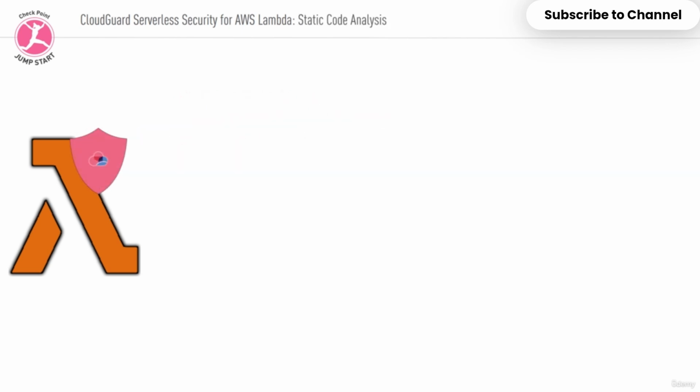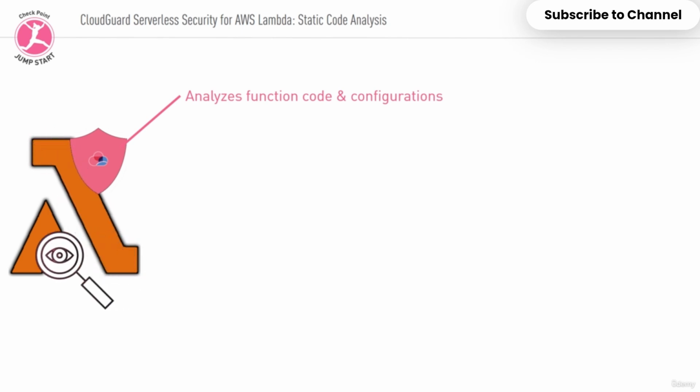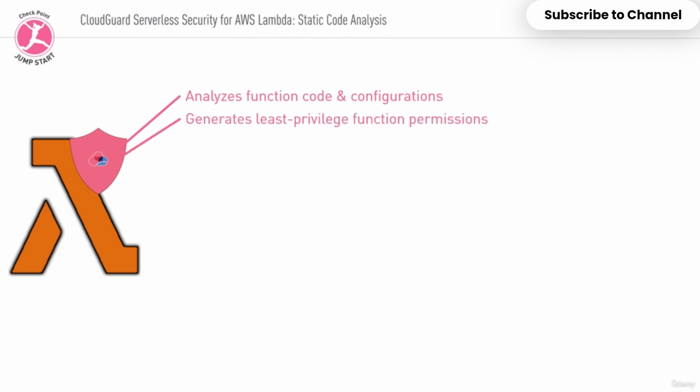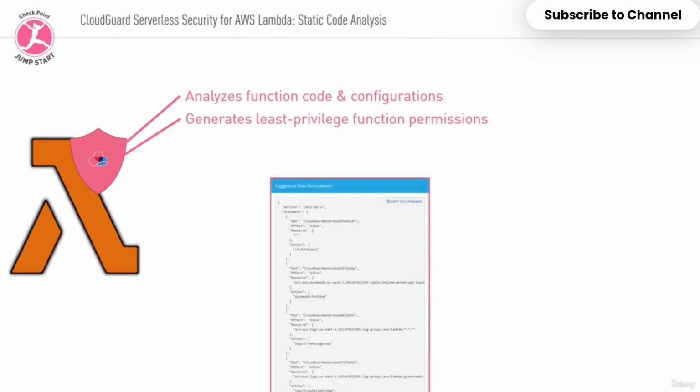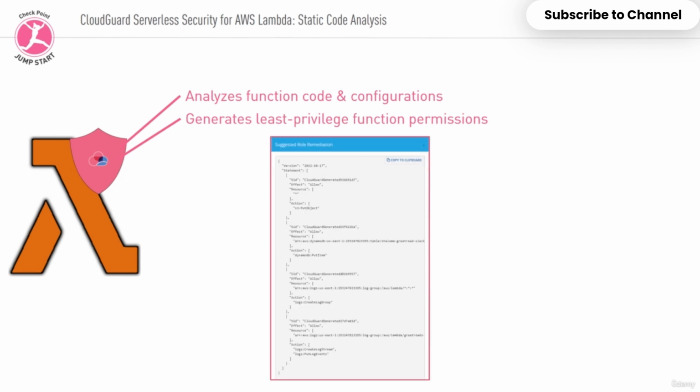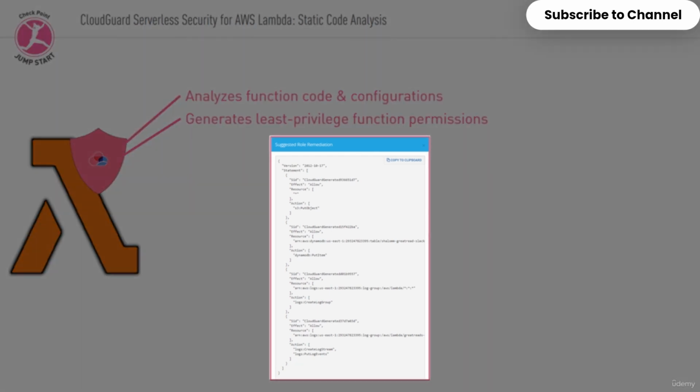Upon the onboarding of CloudGuard Serverless Security, static code analysis analyzes the serverless functions code and function configuration of the AWS account. It detects configuration risks and automatically generates least privilege function permissions. It outlines recommended steps for remediation, including recommended least permissive IAM privileges in JSON format.